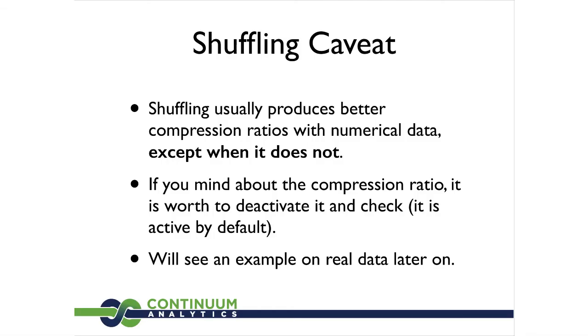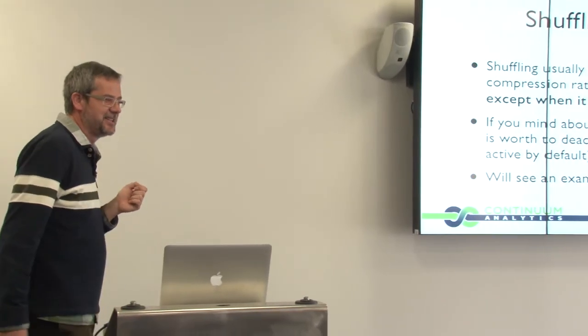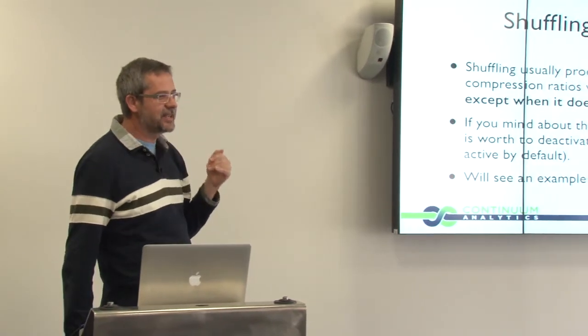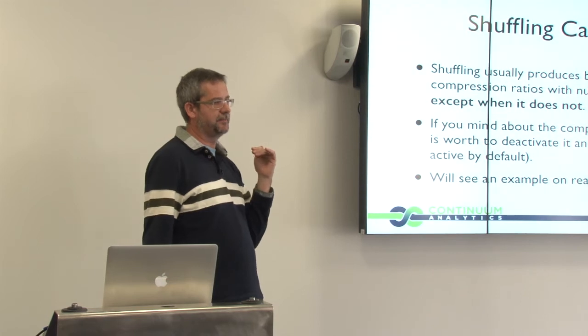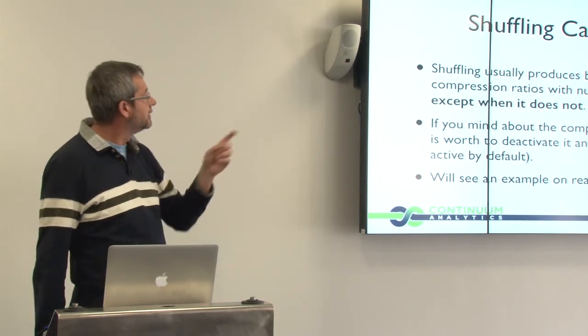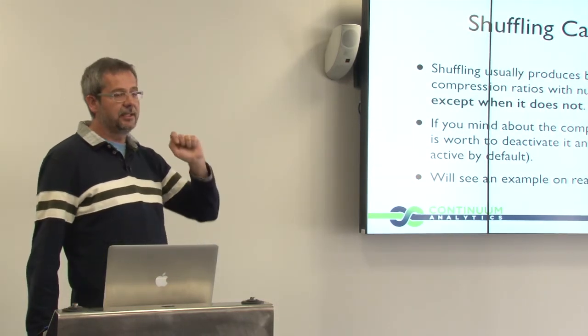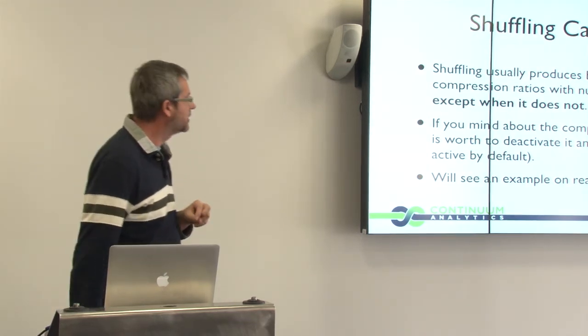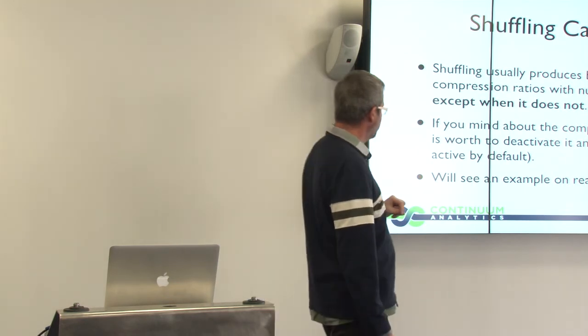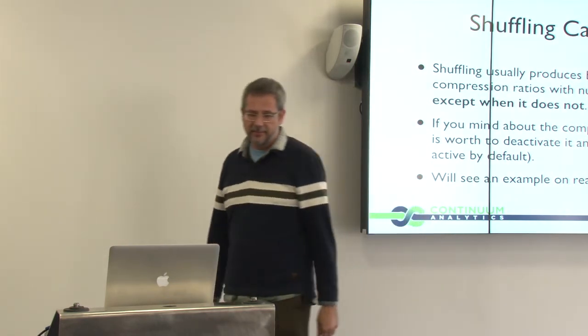There is one caveat, though: shuffling usually produces better compression ratios with numerical data, except when it doesn't do that, okay? So my advice is always check if shuffling, which is active by default, is actually giving you better compression ratios. Because if not, there is not much sense in using it, okay? We will see an example later on.